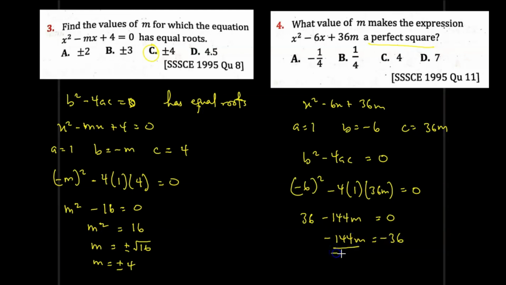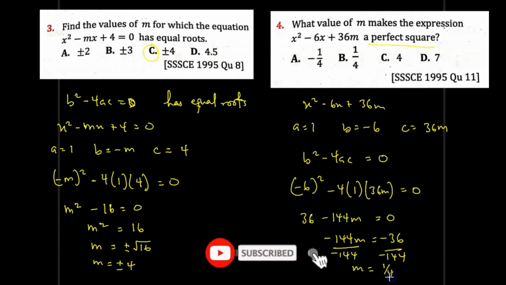Divide both sides by negative 144. Then m value will be equal to what? So 36 over 144, you have an answer of positive 1 on 4. Positive 1 on 4, which is possible answer B.